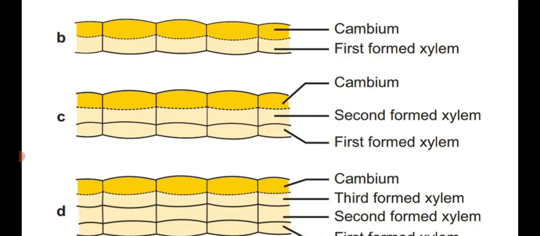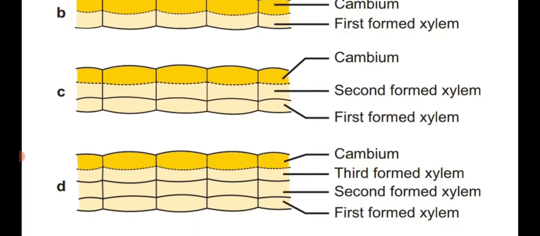Then again in the third diagram, outer to the first formed xylem and also inner to the cambium, they are producing second formed xylem. So the first one is at the base, then newly formed xylem are on the top of the first layer. So second formed xylem is on top of the first formed xylem.